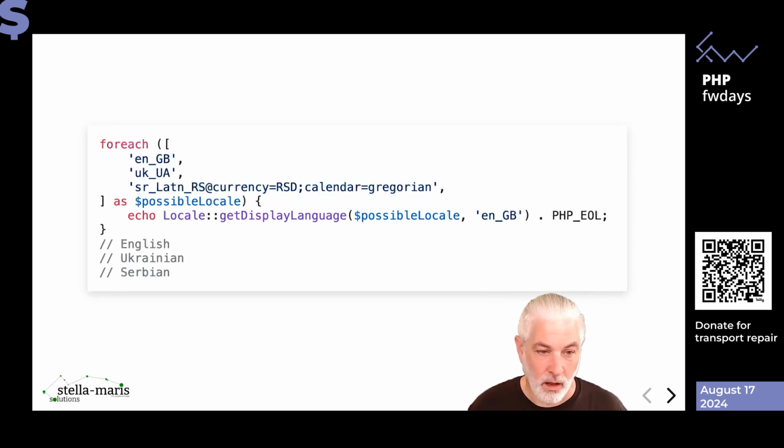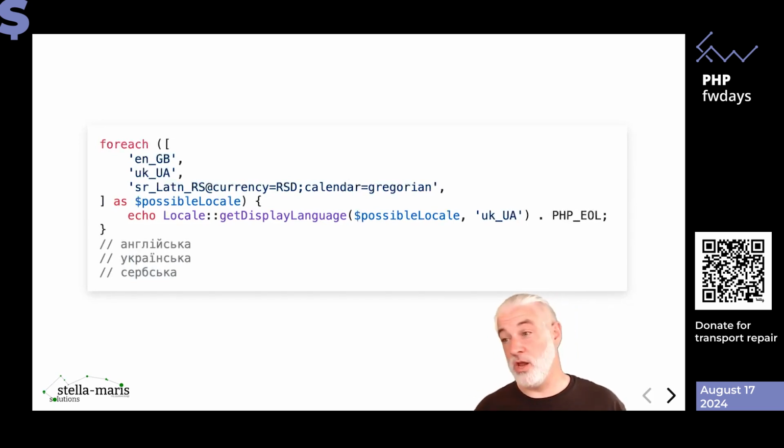But people in the separate countries might want to have that differently. So in Ukraine, for example, you would say, I want to display that in uk_UA, so in Ukrainian. And you will get these three, please do not ask me to pronounce that, different strings that you can display and where people can choose from.